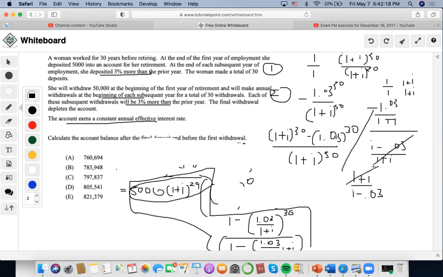So I could cross out this. This becomes 29. Another thing here is that it's connected to here, so I could cross out this and I could cross out that.